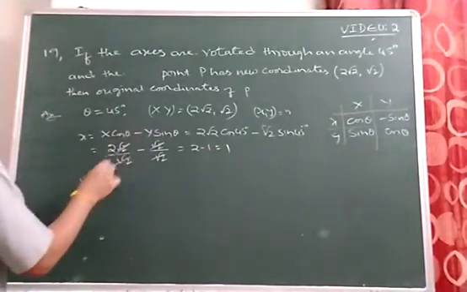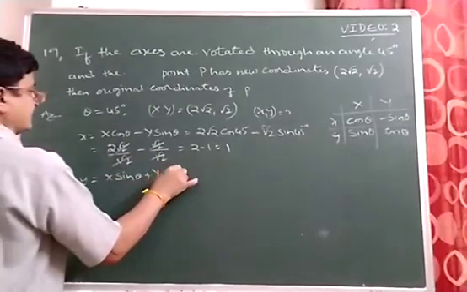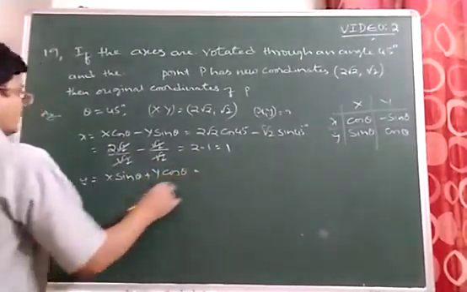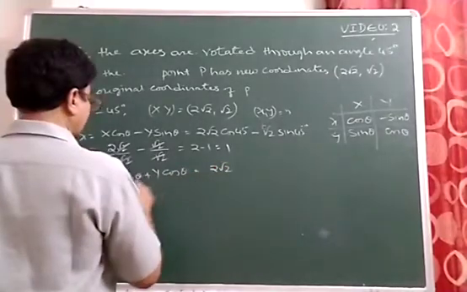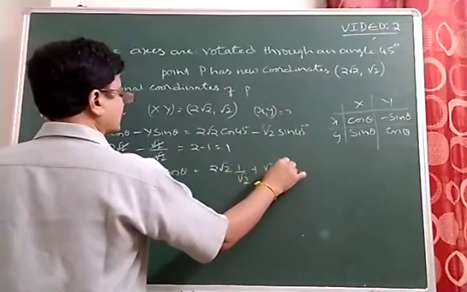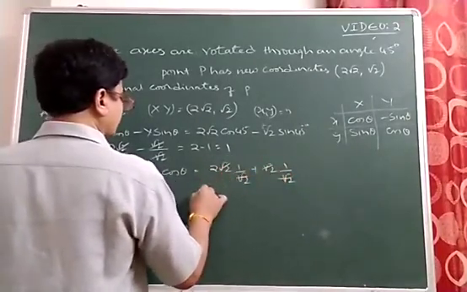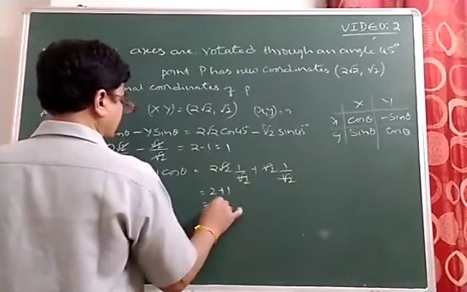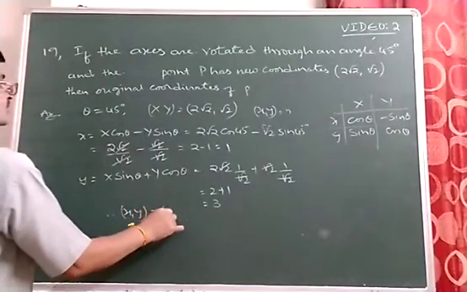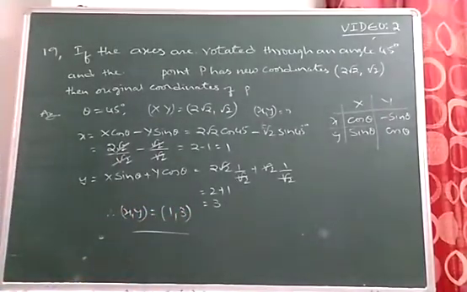And small y is equal to capital X sin theta plus capital Y cos theta. Here capital X means 2 root 2 into sin 45 is 1 by root 2, plus Y is root 2, cos 45 is also 1 by root 2. So this is 2 plus 1 is equal to 3. Therefore the original coordinates x comma y is equal to 1 comma 3. These are the original coordinates.